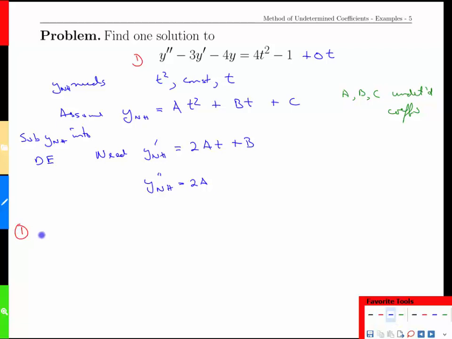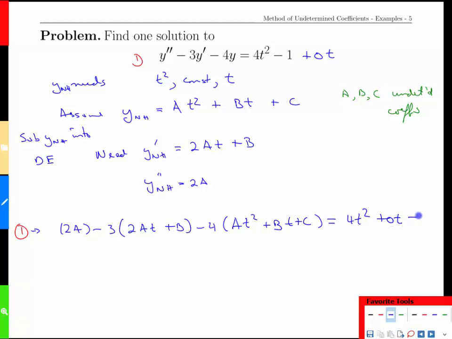We're going to sub into that, and that's going to give us 2a, minus 3 y primes, 2at plus b, minus 4 y's. y is the big long one in this case, at squared plus bt and c. All of that has to equal, let's put this in the same order, 4t squared, no t's, 0 t's, minus 1.